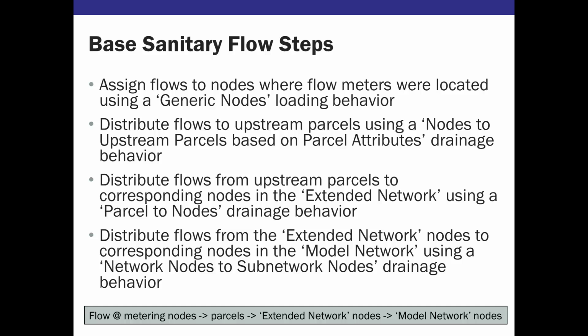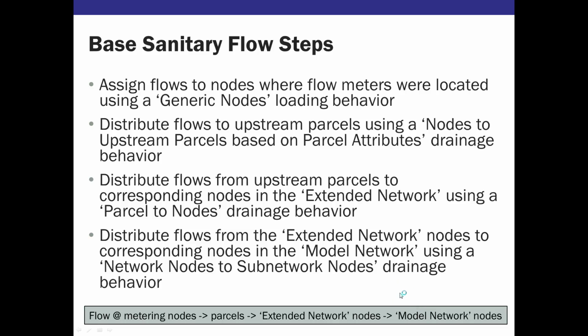And then we move the flows from the parcels to the extended network by using a parcel to nodes drainage behavior. And then we move the flows from the extended network to the model network using a network nodes to subnetwork nodes drainage behavior. And all this is kind of summarized down at the bottom here. We've got flow at the metering nodes, we go to parcels, the extended network nodes, and then to the model network nodes.